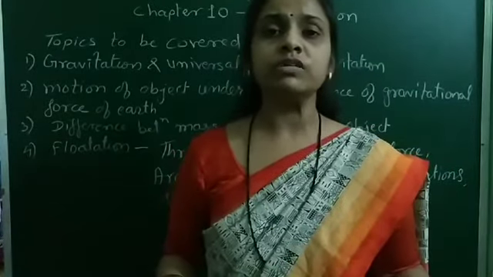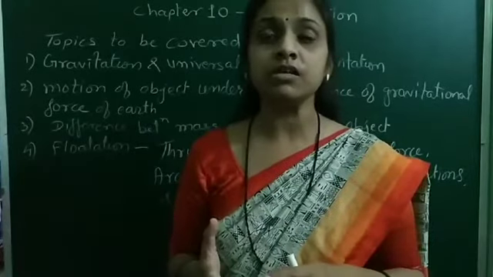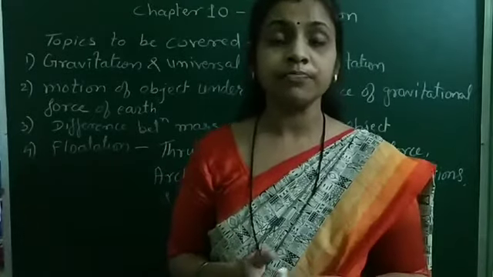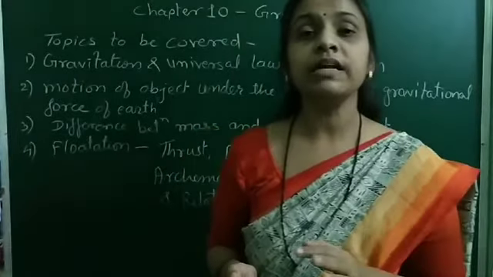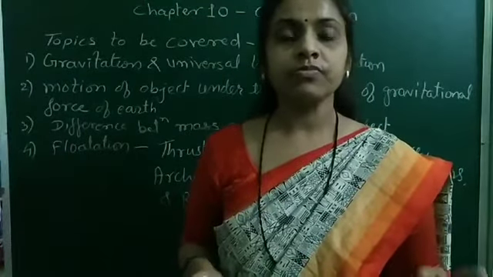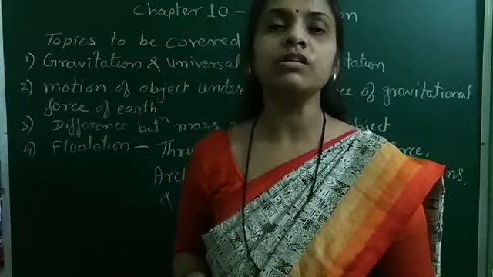So in the universe there are a number of objects, and these objects exert force on each other. Maybe that force is equal and opposite, but because of the mass, according to Newton's second and third law, if we consider the earth, the mass of every object as compared to the earth is very small.